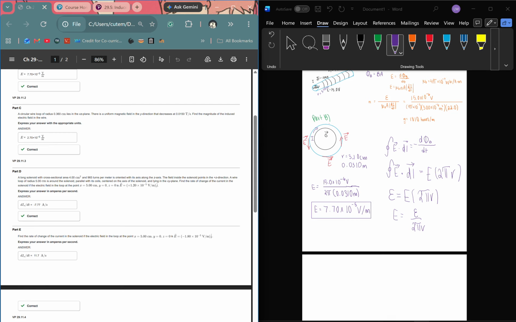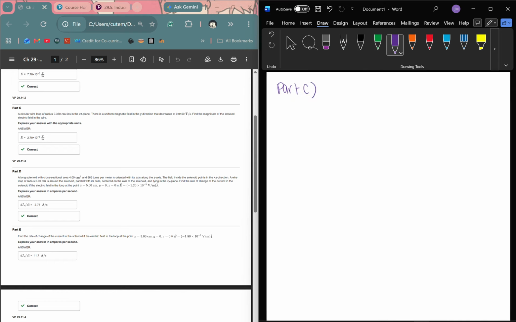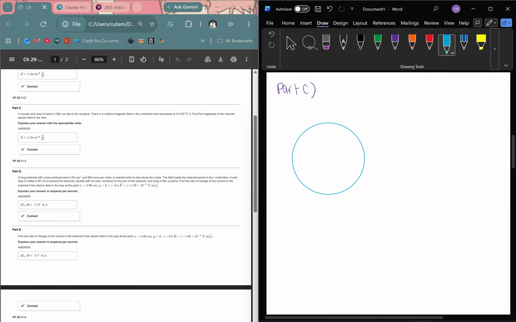I'm going to draw the cross section of the solenoid. I'm just going to draw a circle, so it's simpler to understand.